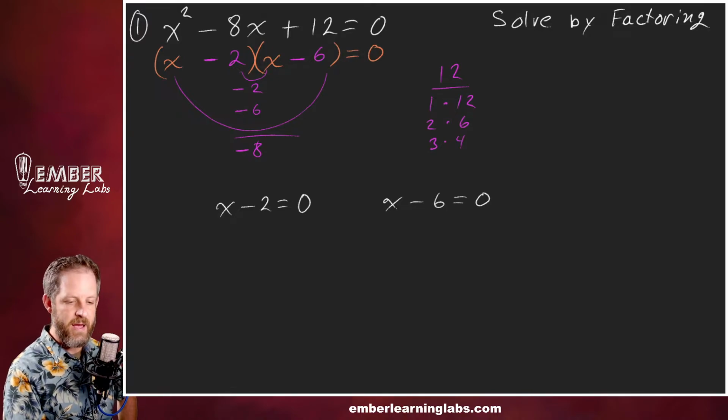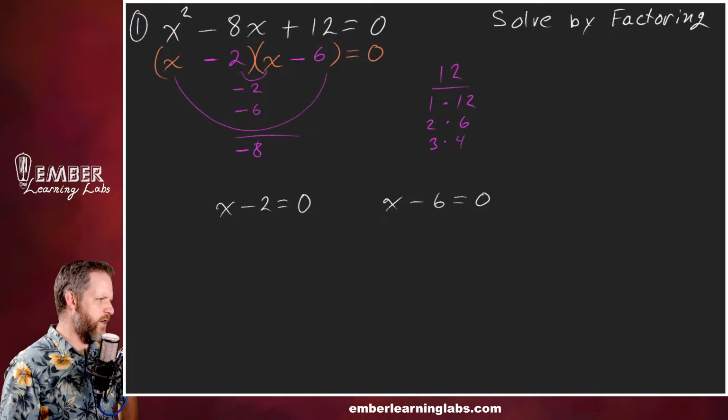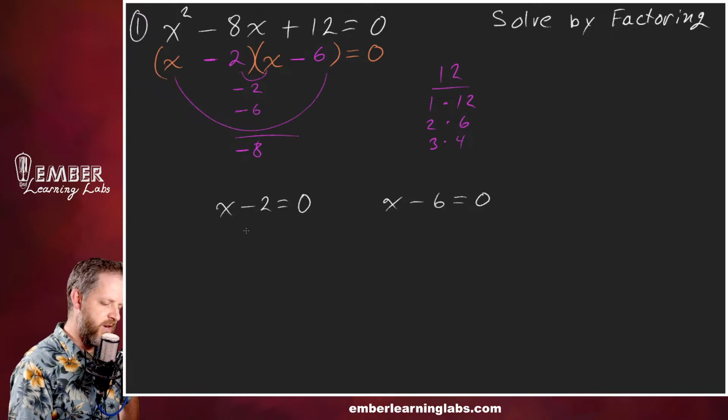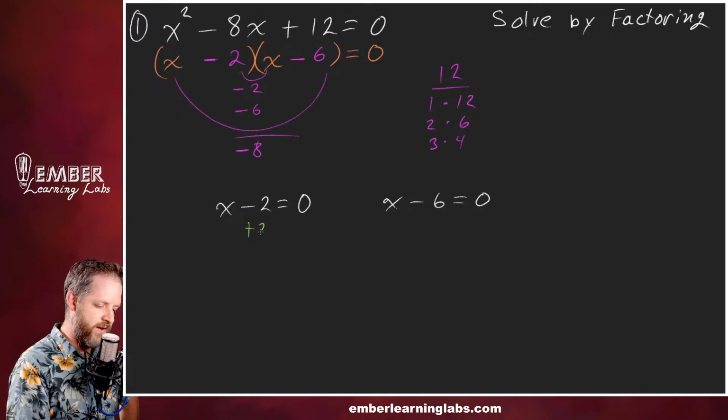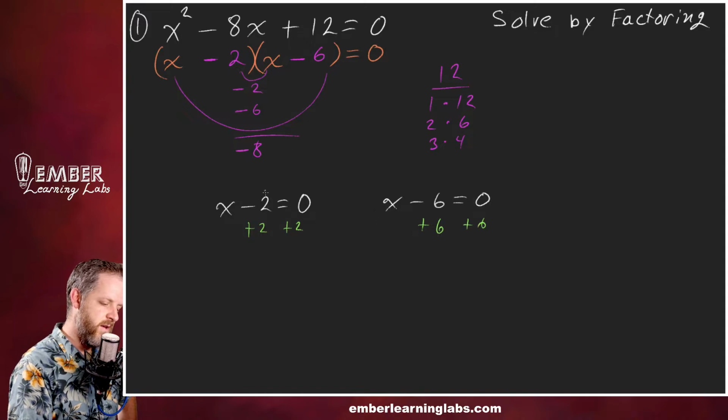And then we've got a couple of baby equations that are super easy to solve at this point. On this one, we're going to add 2 to both sides. On this one we're going to add 6 to both sides. These cancel, leaving us with x equals 2 and x equals 6.